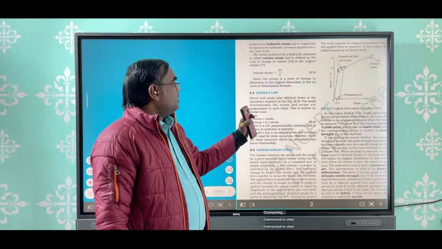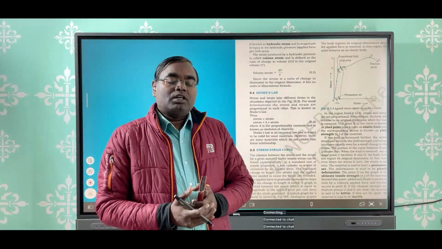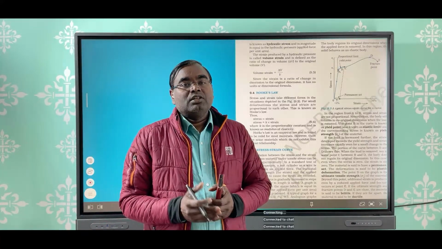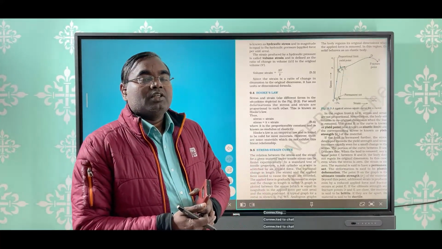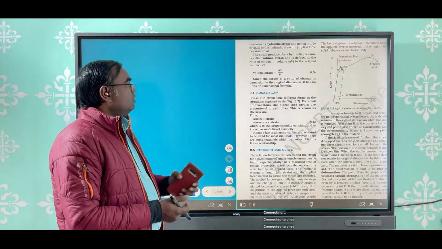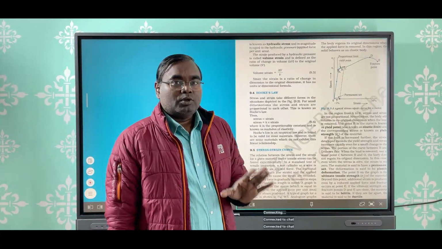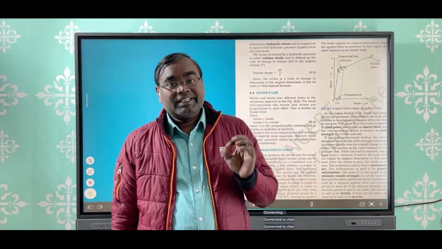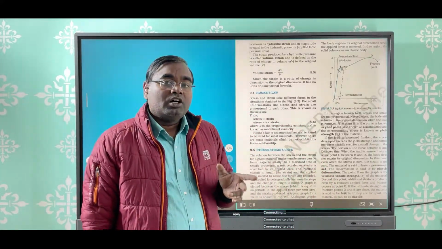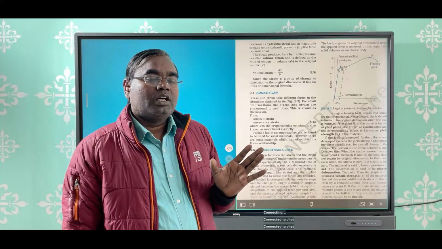And also we talked about Hooke's law, and the material that obeys Hooke's law, and the material that doesn't follow Hooke's law is called non-Hookean material, right? So let's brief Hooke's law. As per Robert Hooke, he gave a law that is related to the elasticity of the solid, and that is known as Hooke's law.